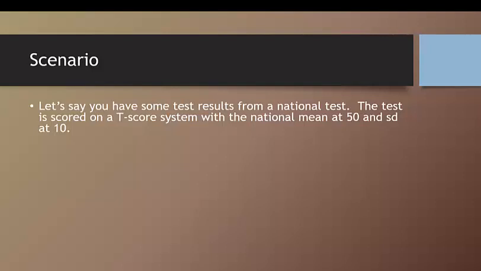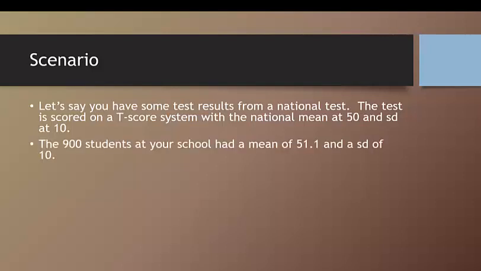Okay, so it's okay if you don't remember this. I think it was back in Module 3, and those modules are open. It's real easy to convert z-scores to t-scores and vice versa. Let's say at your school you had 900 students, and their mean was 51.1, and a standard deviation of 10.